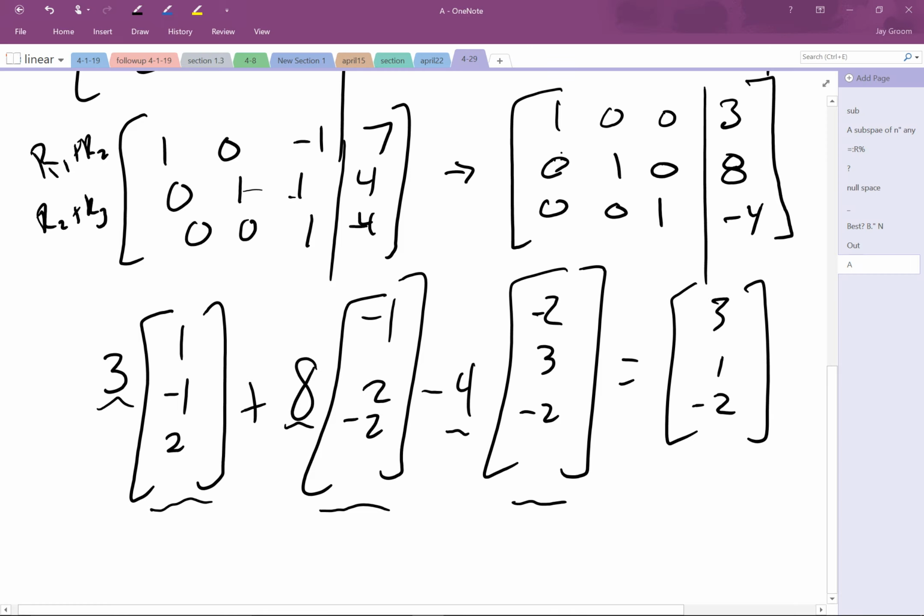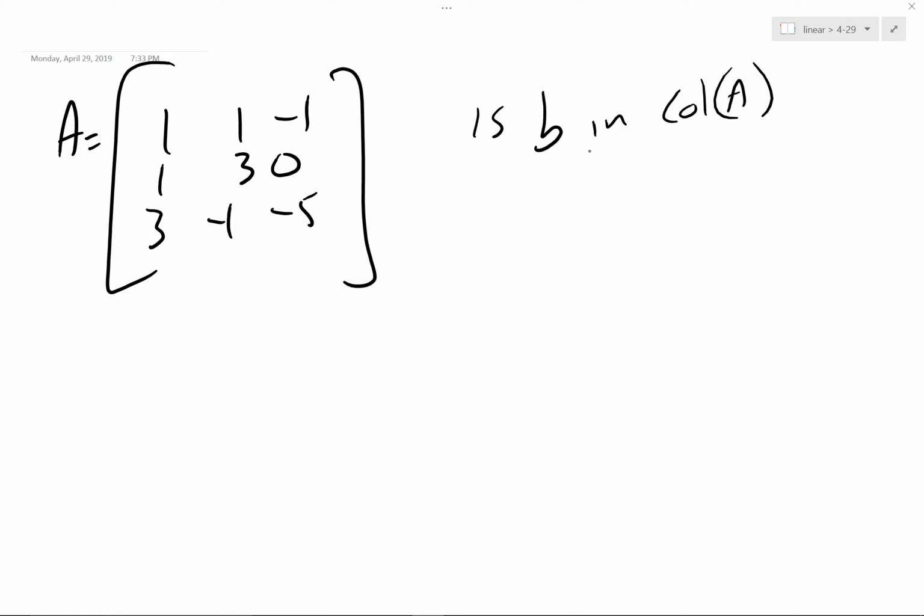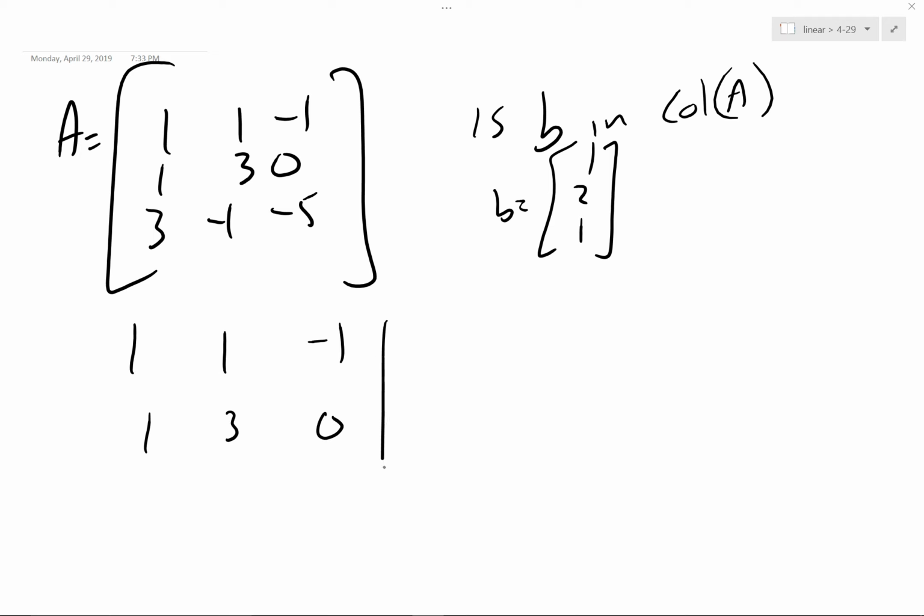Okay. Another example of that. Here's A. B. The question is, is B in the column space of A? 1 2 1. Let's find out. And so, of course, just like last time, set it up as an augmented matrix.